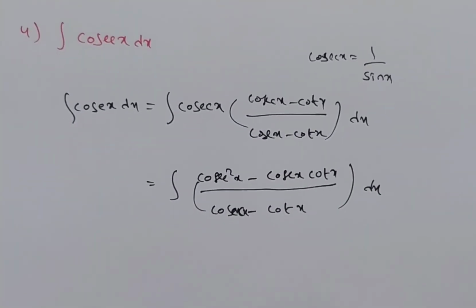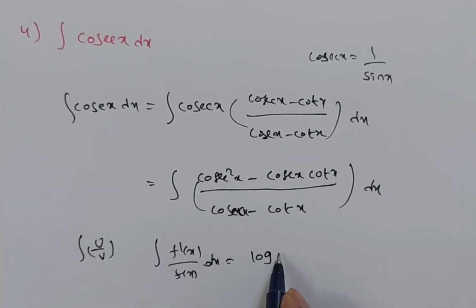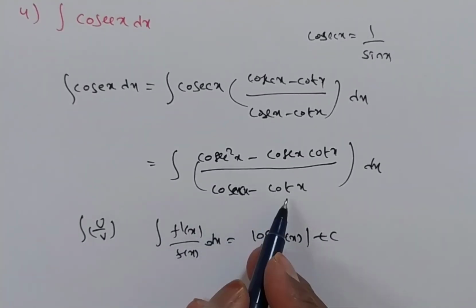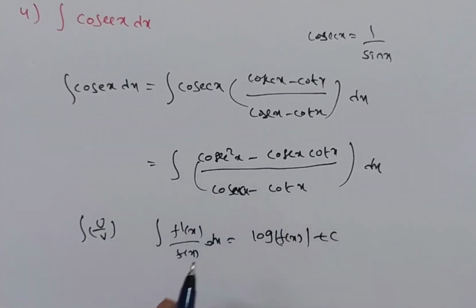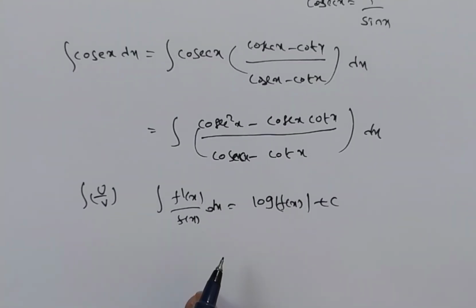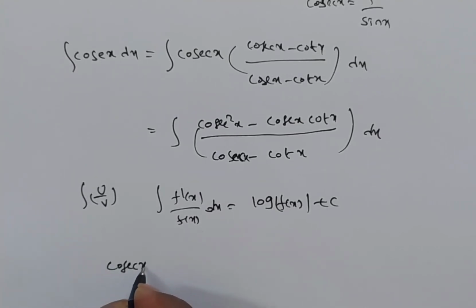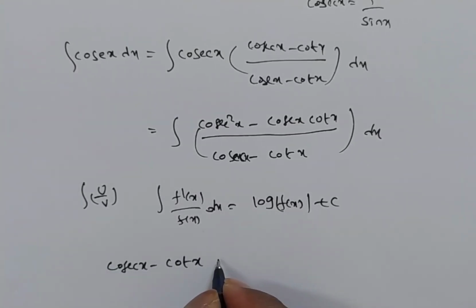Now you observe this is containing numerator and denominator. So whenever u by v form, okay, you have to remember integral f dash of x by f of x dx form only. Whenever the denominator derivative is in the numerator, then we will get log of denominator plus c. Now you consider this is f of x, or else you can consider this as a variable t. Suppose I am considering this cosecant x minus cot x as a t.